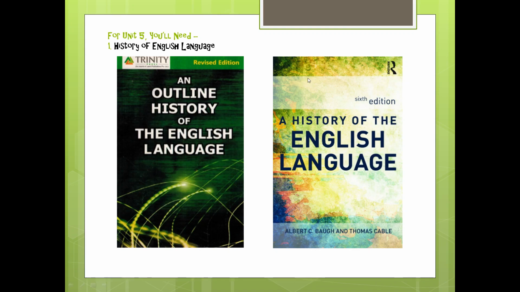Apart from that, a consolidated and seminal book for understanding the history of the English language is Albert C. Baugh's A History of the English Language. Compared to the other one, this book is quite exhaustive.